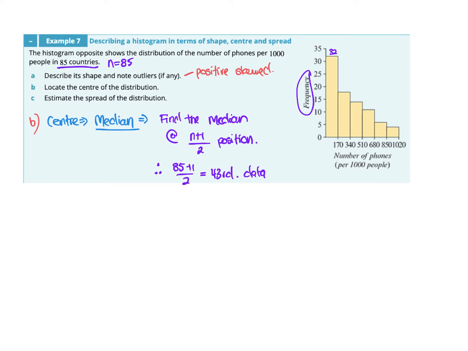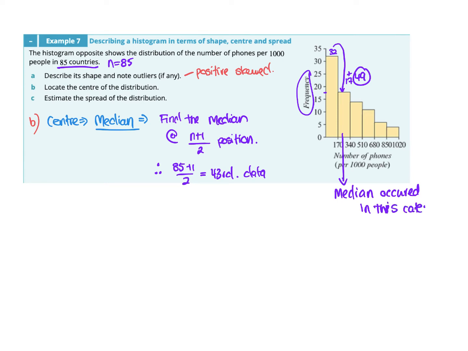Between 0 and 170, we had 32 of those values. Then if I add this guy on here, about 16 or 17, we'll add 17. Our running total is 49. That means the median must have occurred somewhere in that category. So the median occurred in this category.